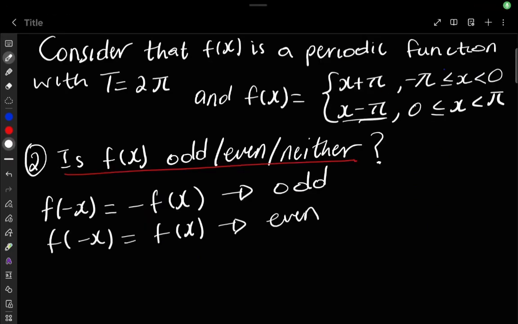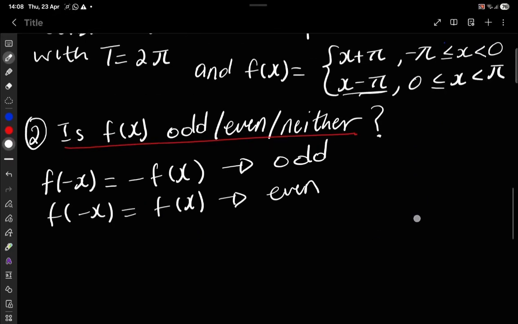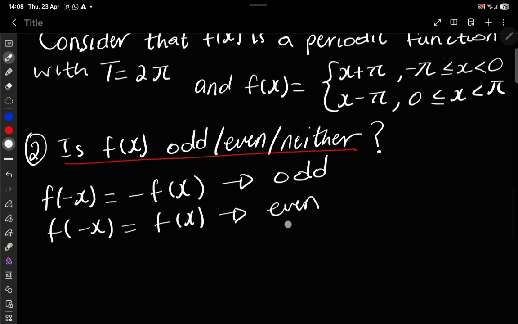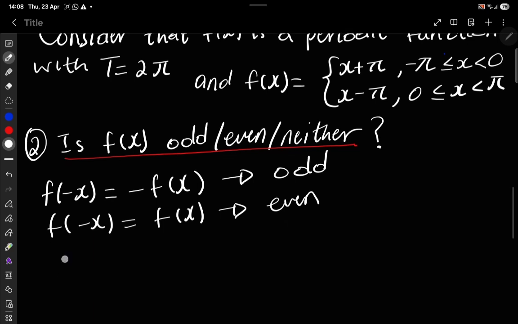Next it asks whether f of x is odd, even, or neither. So you have this piece and that piece. Let's start with the first one. Let's say our f of x is equal to x plus pi. So how do we determine if something is even, odd, or neither?